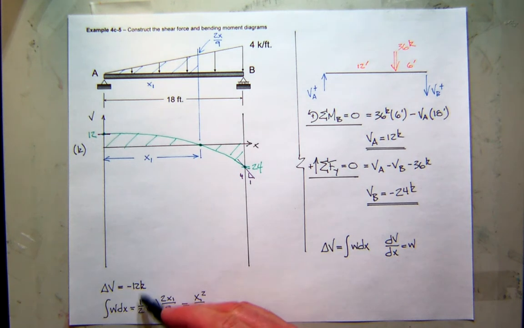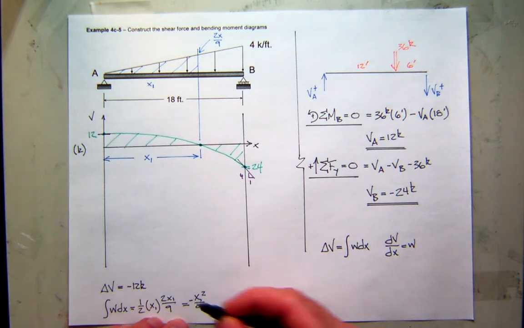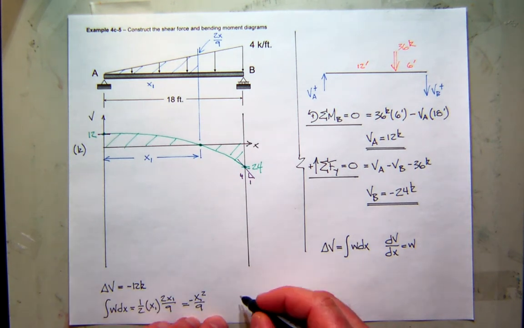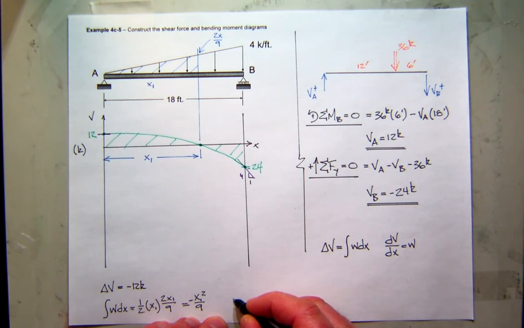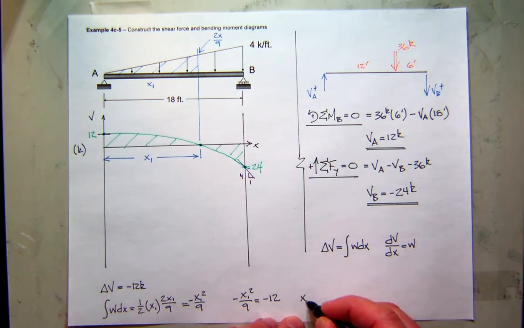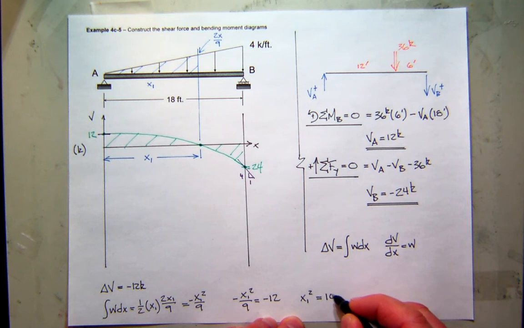So remember, these two things are equal. That's negative, by the way. So that means that I get an equation that says x1 squared over 9 is equal to 12. So that means that x1 squared is equal to 108. Multiply both sides by 9.